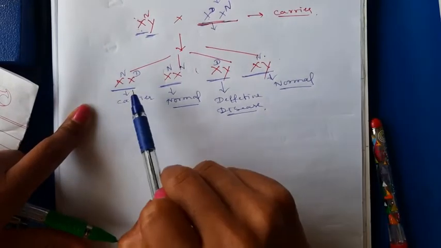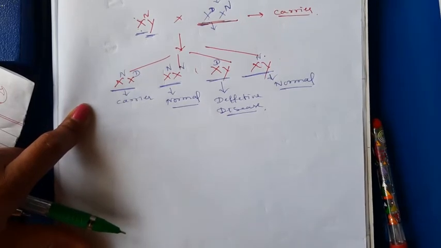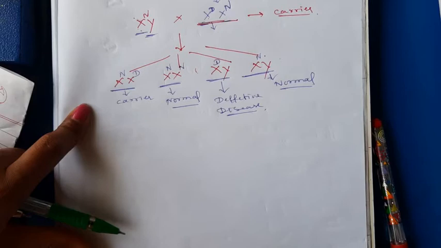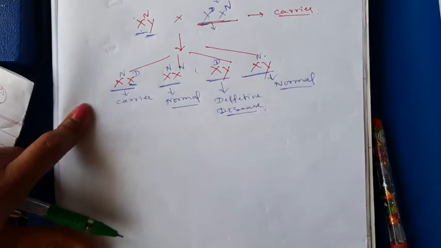This is due to the presence of the extra X chromosome in females. We can say that a sex-linked recessive disease is transmitted from an unaffected carrier. If there is only one defective gene, it will show the normal phenotype. It requires two defective genes for expression of the disease.